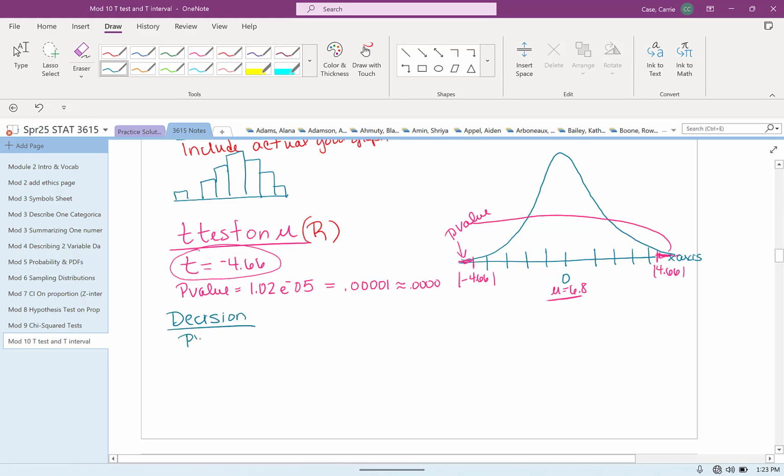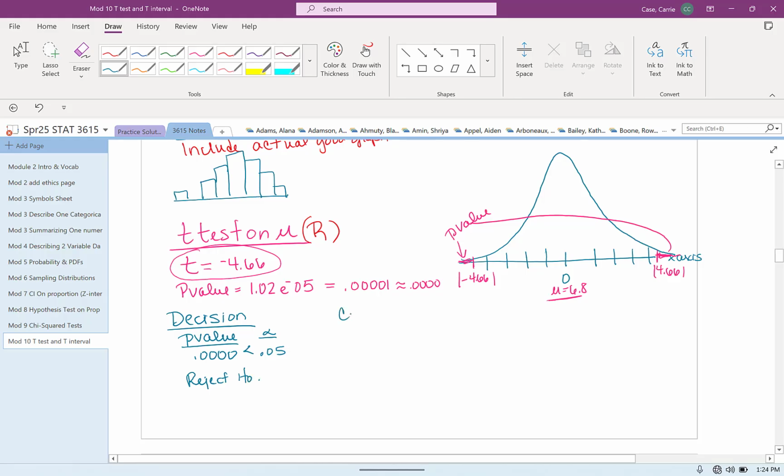And remember, our decision is made when we compare the p-value to alpha typically. The p-value is 0. And alpha, no matter what it is, 0 is going to be less than that. And we're going to reject Ho.